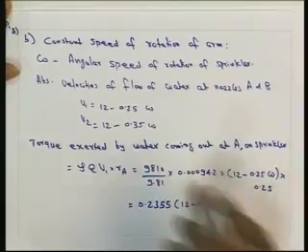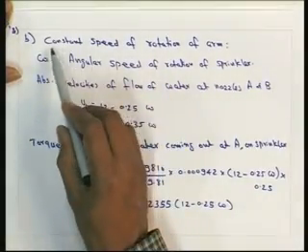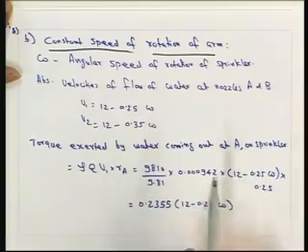The second part of this simple problem is that we have to find out the constant speed of rotation of the arm.